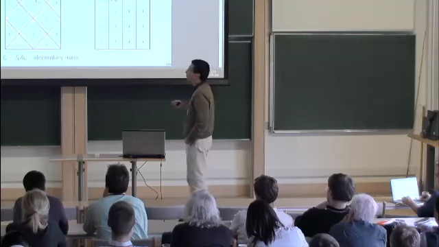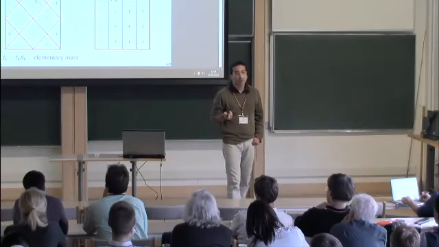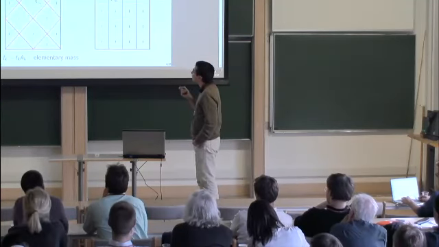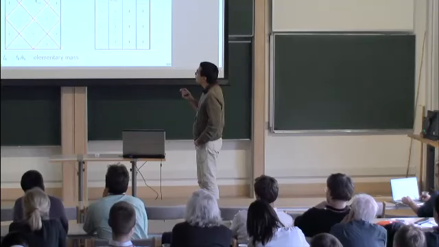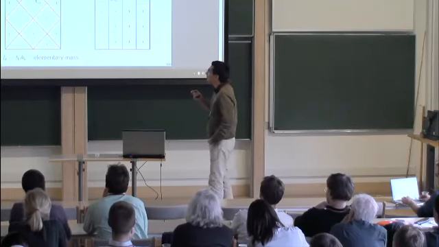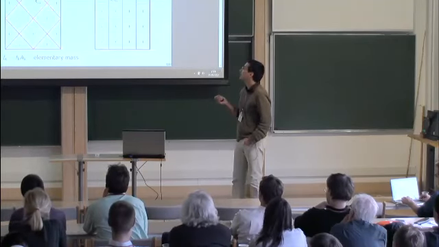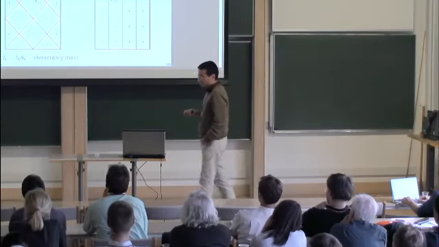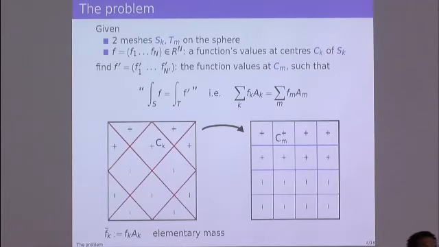That's where the problem comes from: you've got finite memory on the computer, and you can't really get at the function directly. You've got to switch to another finite dimensional description of the same function, supposing that your function is reasonably well behaved, for example, smooth. And you've got to find the values at the centers of the target mesh.